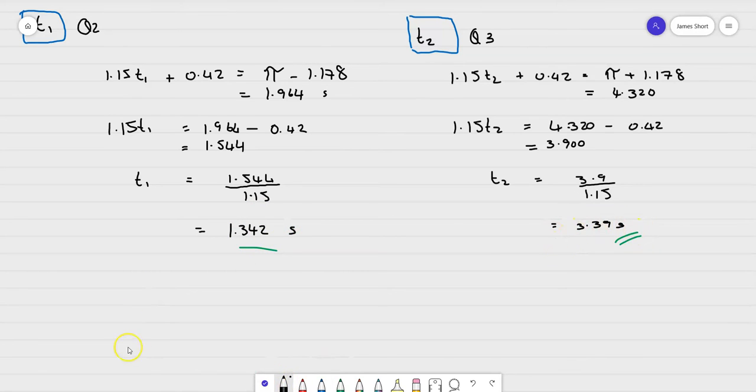So we'll just write a note at the end saying that T1 is equal to 1.342 seconds is the first time y is equal to minus 0.65 meters. And there we have it.